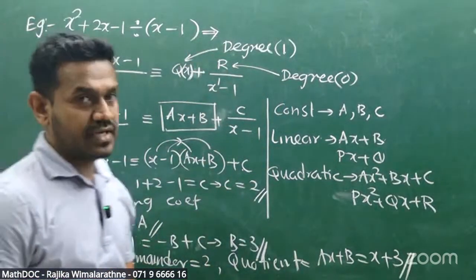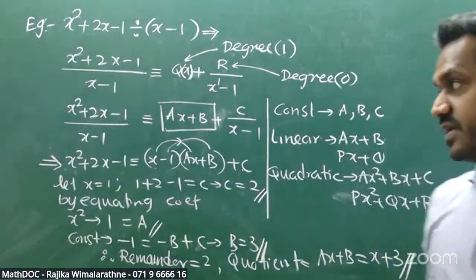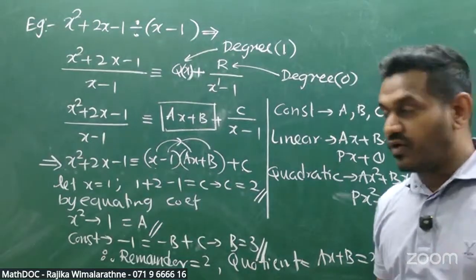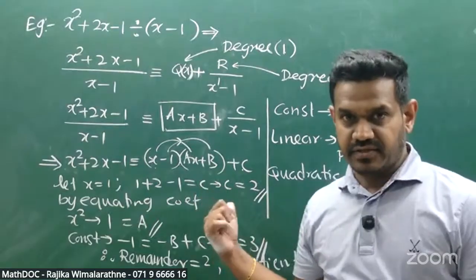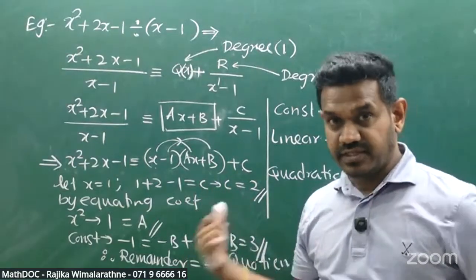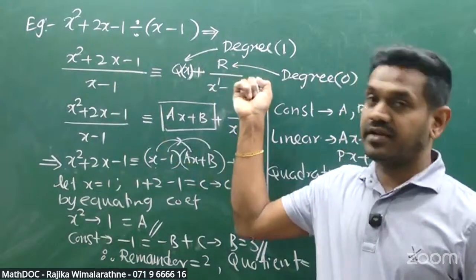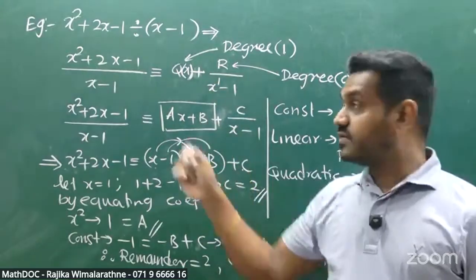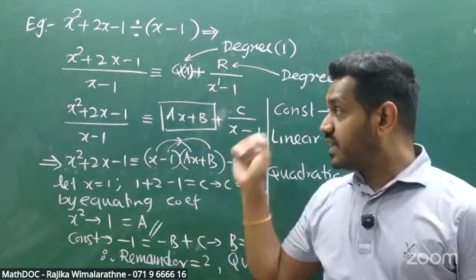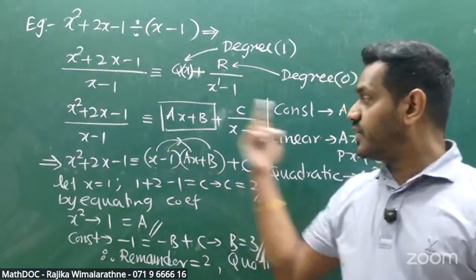If you have doubts, let me know. Previously we did the same thing with a different method, long division, and we know how to find the quotient and remainder. Here we divide by a linear factor, and by synthetic division we can also find them. But here is another technique: using the division algorithm and finding unknowns, we can find the quotient and remainder. Okay, do that example.